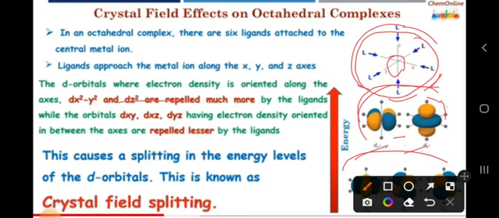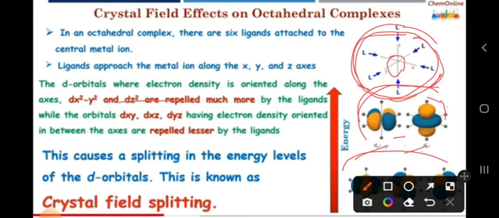Because of these d orbitals, as I have told you, there are 5 d orbitals, and when we are not applying any ligand, they have the same energy. When the ligands approach the central metal atom, giving electrons to it, automatically the energy will increase.